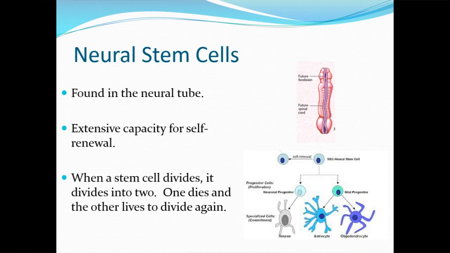Okay, so here you have a little stem cell. It can renew itself, but it can divide into either a neuronal progenitor or a glial progenitor, which means it could become a neuron or a glial cell like an astrocyte or an oligodendrocyte.